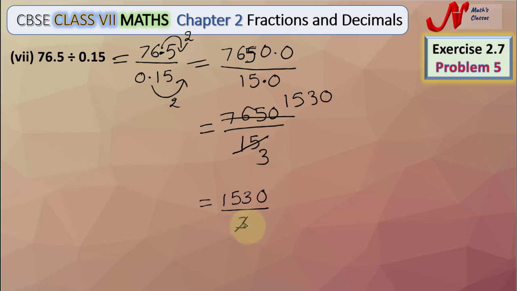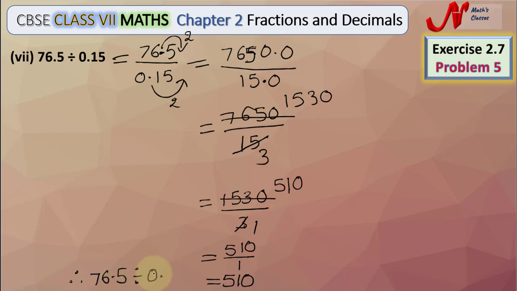So by cancelling, 3 ones are 3, 3 fives are 15, 3 ones are 3, 0. So we can write it as 510 by 1, which is equal to 510. Therefore, 76.5 divided by 0.15 is equal to 510.